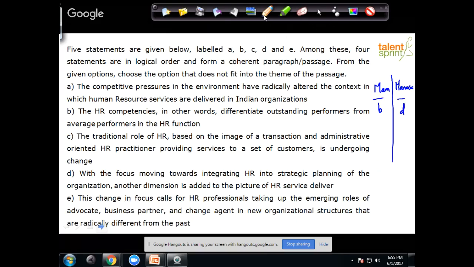Except one sentence, we don't know whether it is B or D, all the other sentences have some clue phrases referring to this word. Can you identify the phrases? This is your underlying clue word, which may or may not be directly there. I want you to pick out phrases in sentences which talk about this.